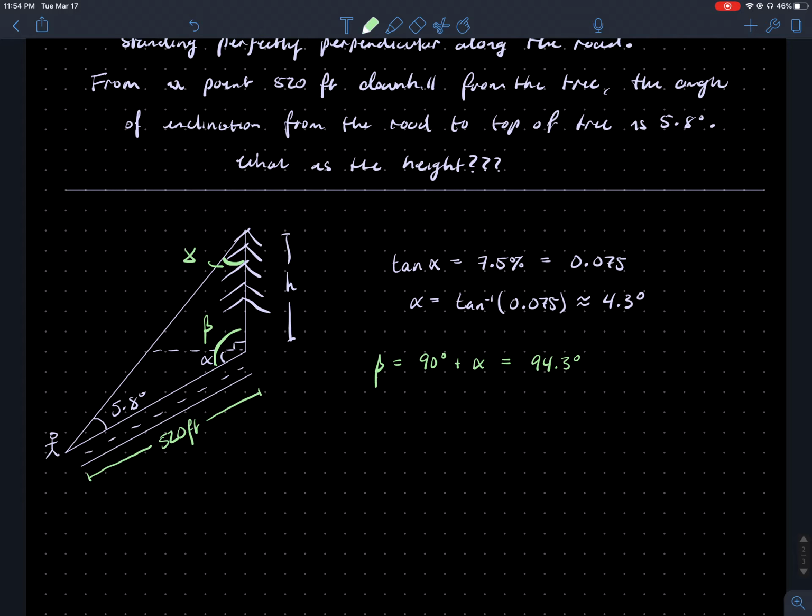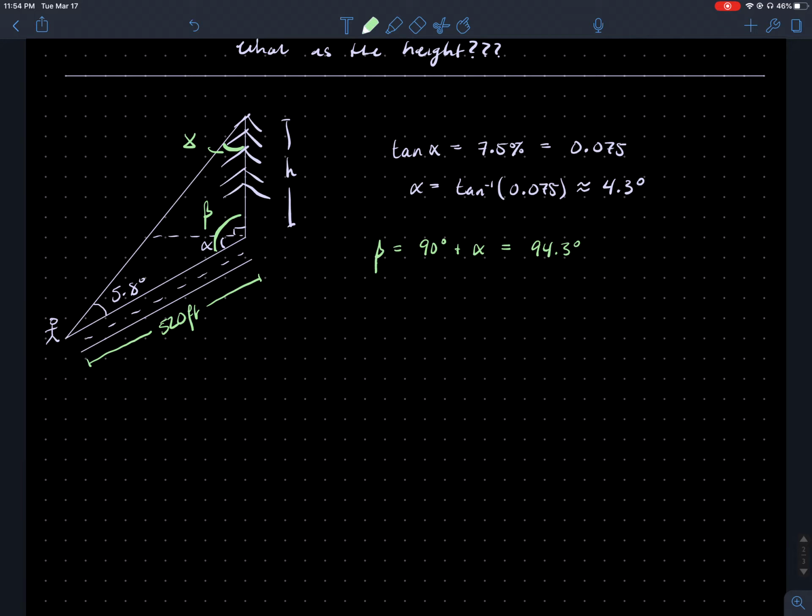Let's call this gamma. And we can say this gamma is equal to 180 degrees minus 5.8 degrees minus 94.3 degrees. If you plug that into your calculators, or if you are very good at subtracting and adding decimals, it takes me a minute to do it in my head. So I'm going to cheat. And it ends up being 79.9 degrees.